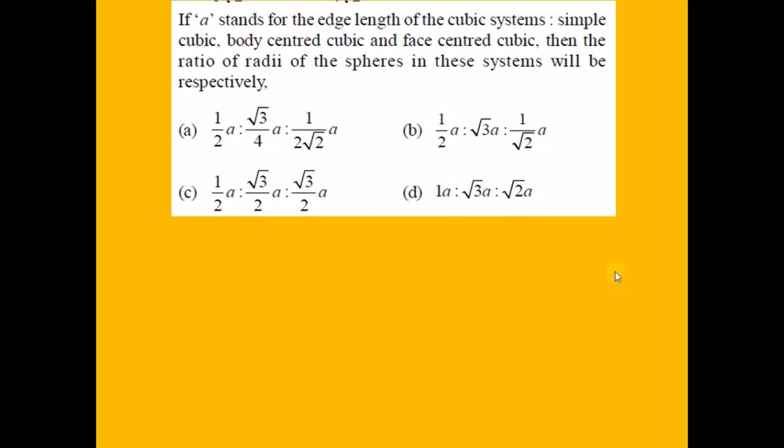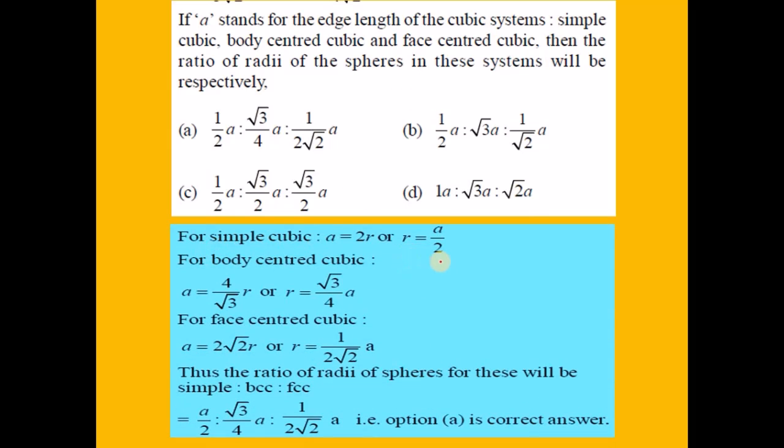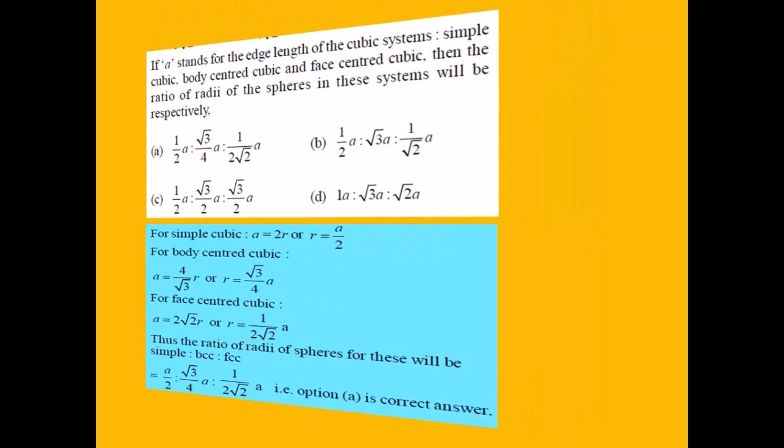So here, for simple cubic the radius is a by 2. For body centered cubic the radius is root 3 by 4 a, and for face centered cubic it is a by 2 root 2. So their ratio is 1 by 2 a, root 3 a by 4, 1 by 2 root 2 a. This matches with the A option, that is the correct one.